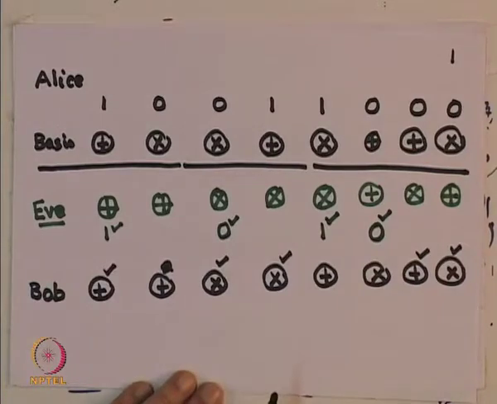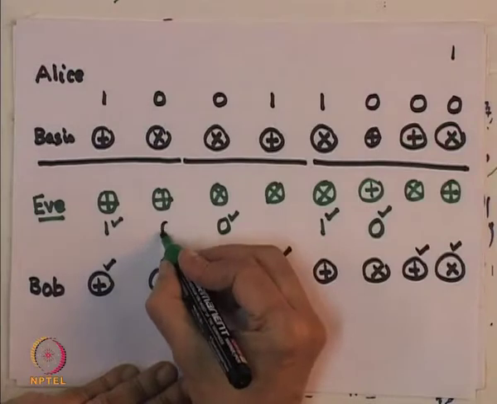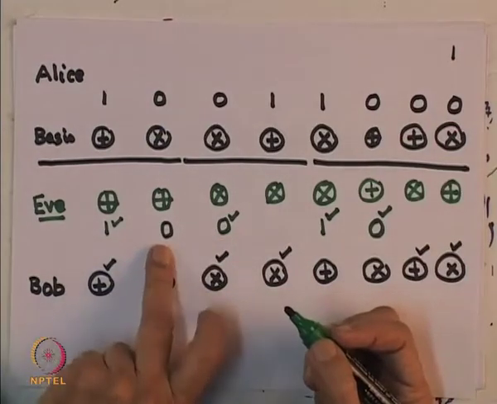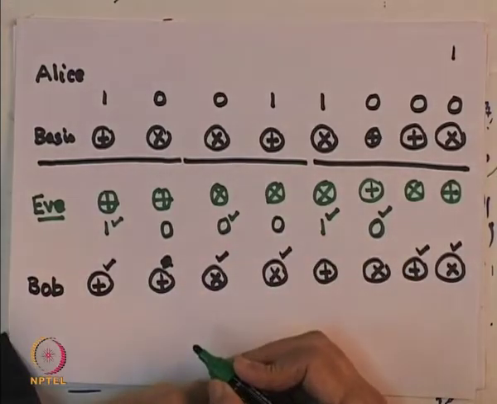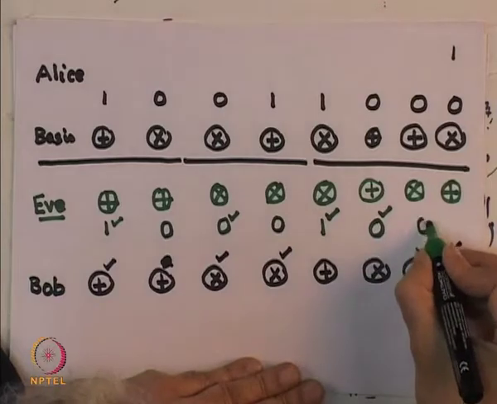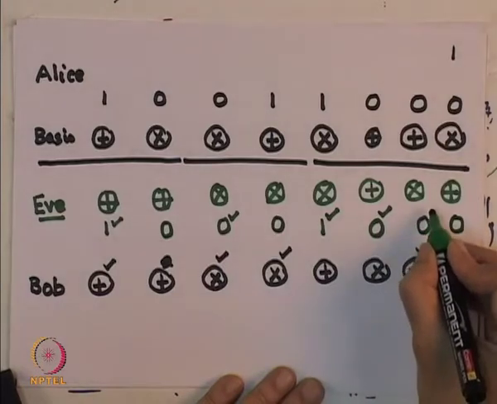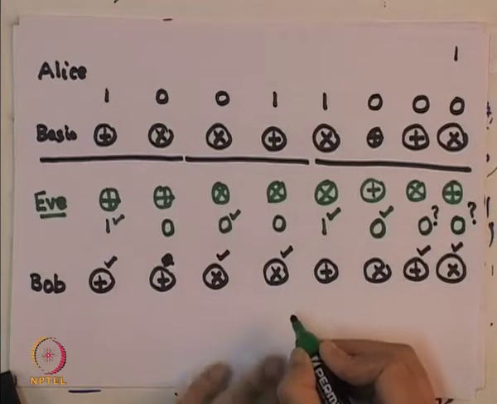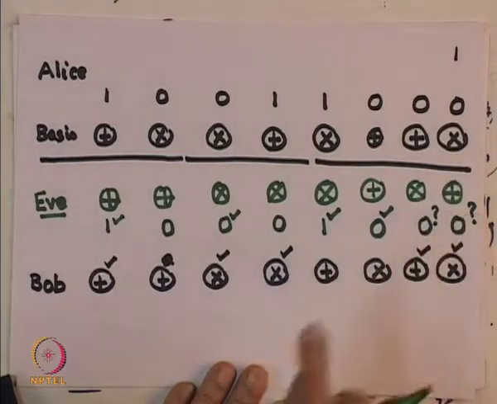Now even though they don't have agreement, one would expect that 50% of the time there would still be an agreement between Alice and Eve. Let us say that Eve measured 0 here, again a 0 there, and let us suppose these were Eve's measurements. So you notice these are the cases where there were agreements in spite of the fact that their bases did not agree.